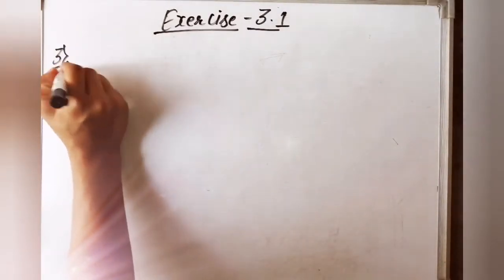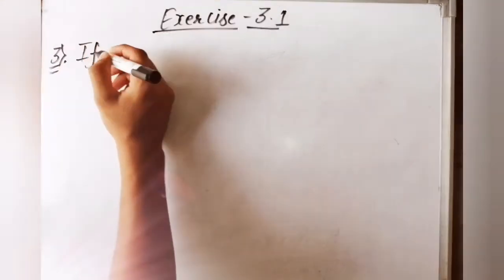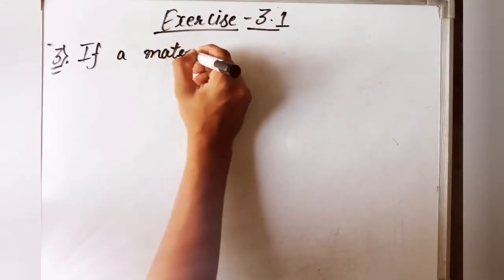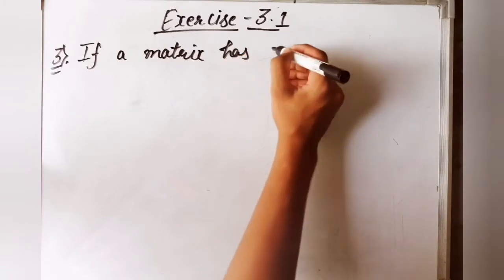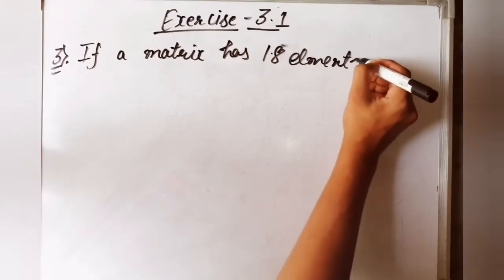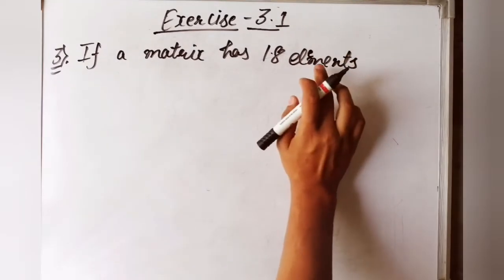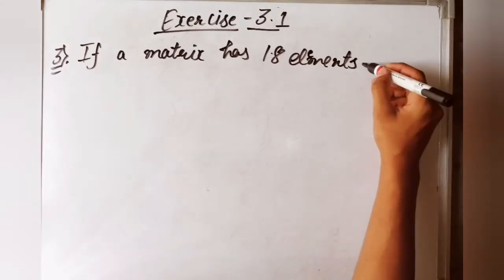I'm writing it down. Third question: if a matrix has 18 elements, what are the possible orders it can have?